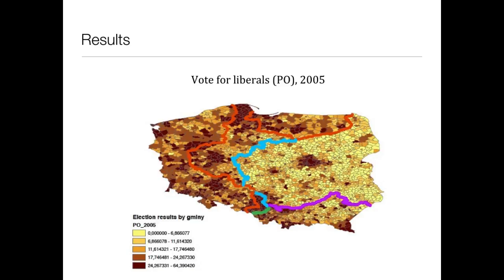This is vote for liberal parties in Poland, and when you draw the former boundaries of the empires, you can see that there really are significant breaks from one region to the next in terms of vote. So it's a striking example of taking a look at discontinuities based on borders that were implemented many years ago and disappeared many years ago on public opinion today.